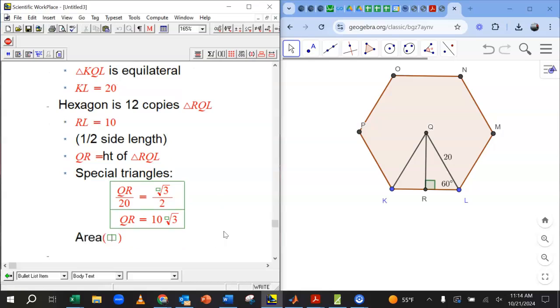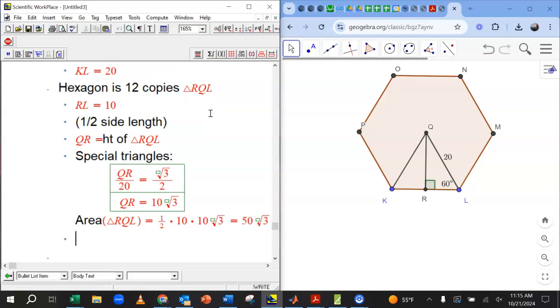So area of RQL is 1/2 times the base, which is the 10, times the height, which is 10 root 3. And that is 50 root 3.